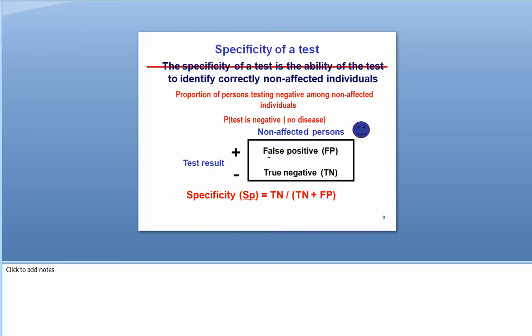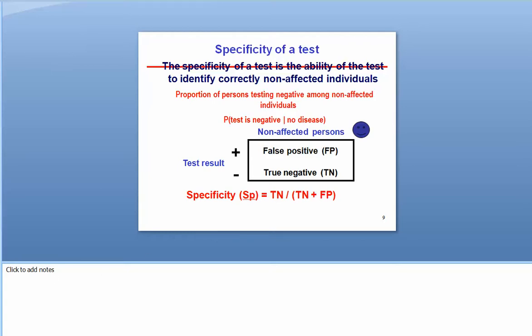There will be a good number of false positives and also true negatives, right? Now specificity means the proportion of true negatives out of the entire non-affected persons, right? So this is the specificity formula. In other words, how many are you rejecting? These are the true negatives.